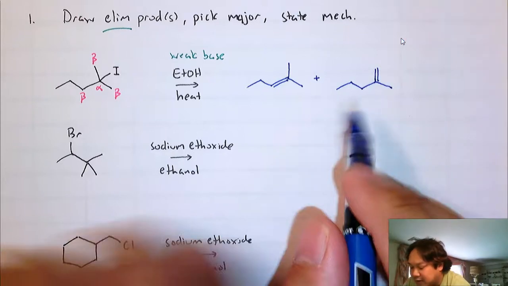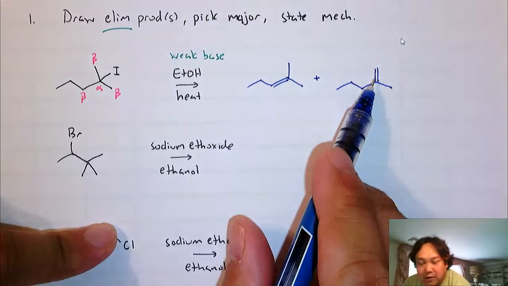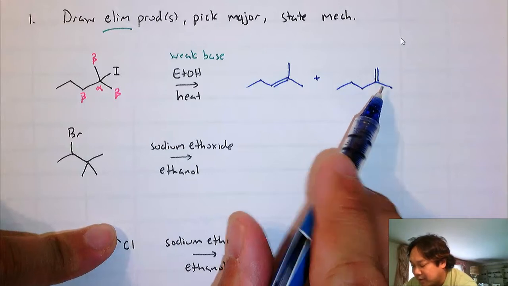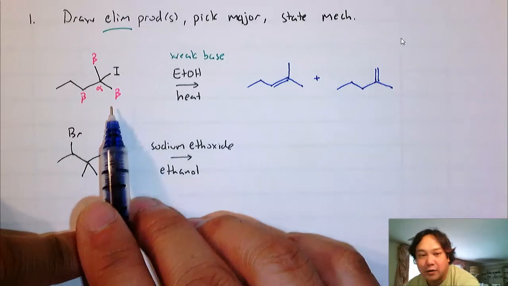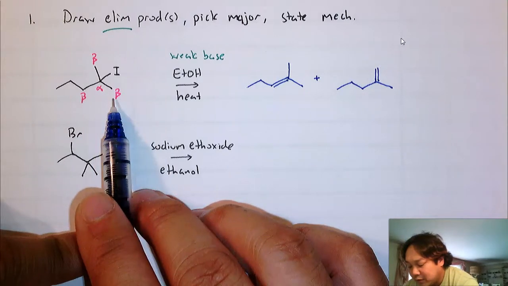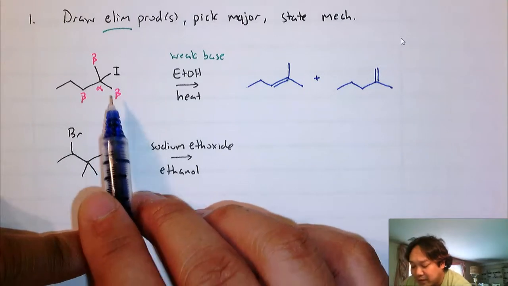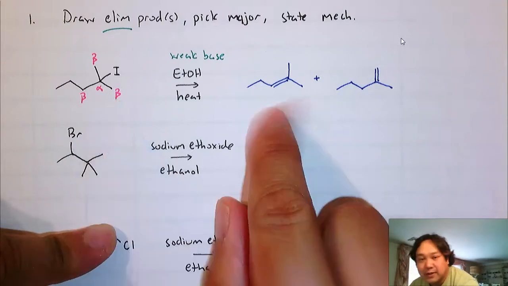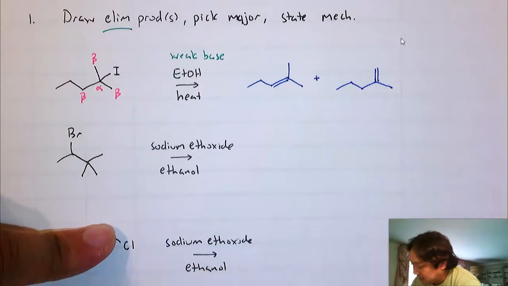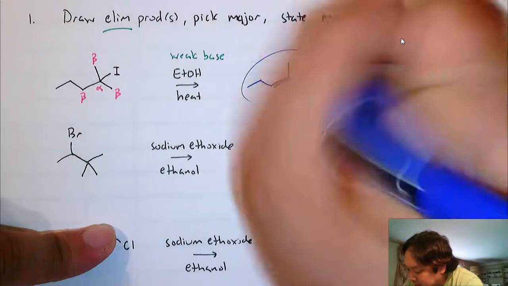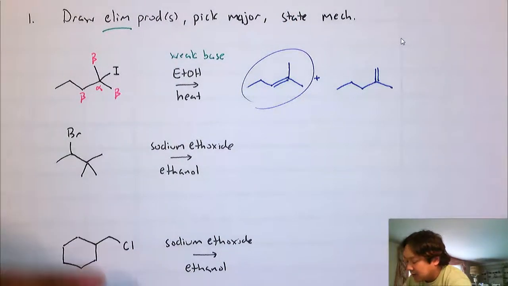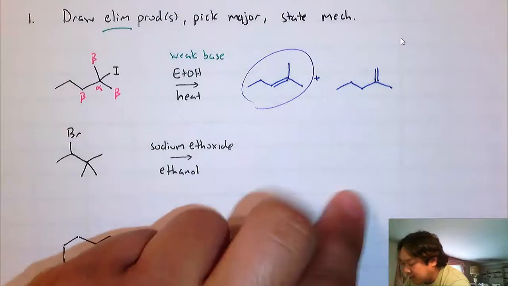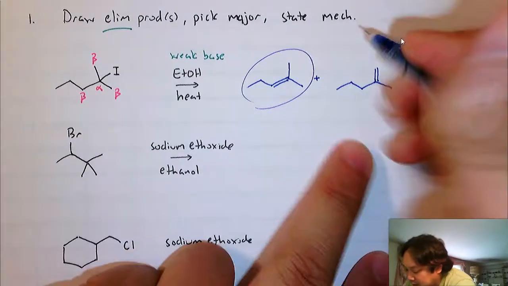And I'll realize that that double bond up here is the same thing as putting the double bond over here because of rotation of the bond, and therefore I don't have to draw a new compound to show the elimination of this beta hydrogen. Neither of these have cis or trans. The major product is going to be this, tri-substituted versus di-substituted. And the mechanism for both of these is E1.